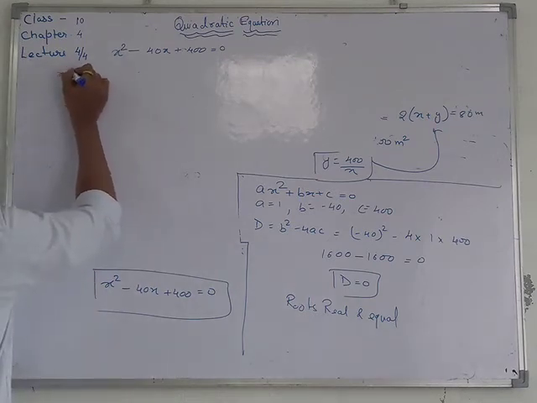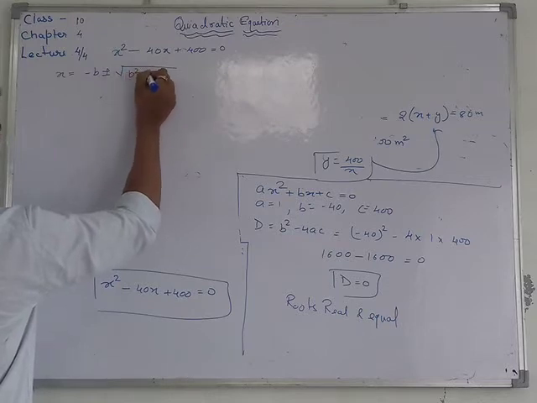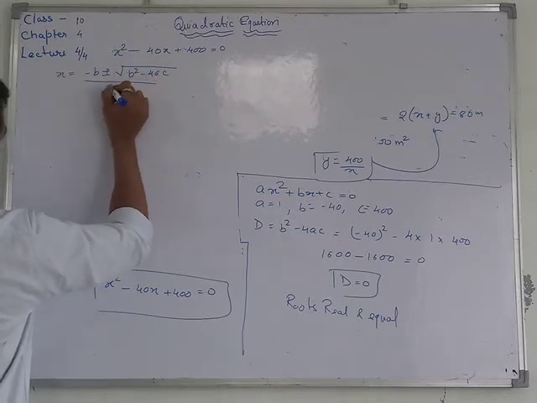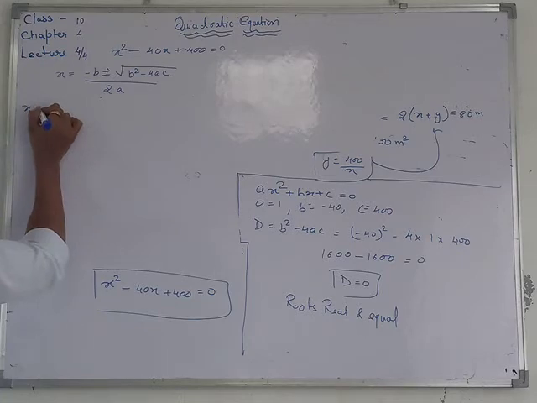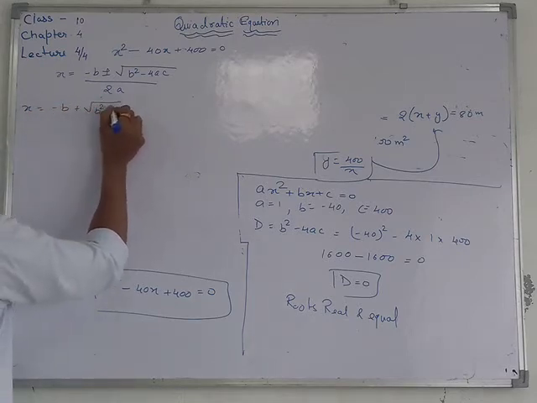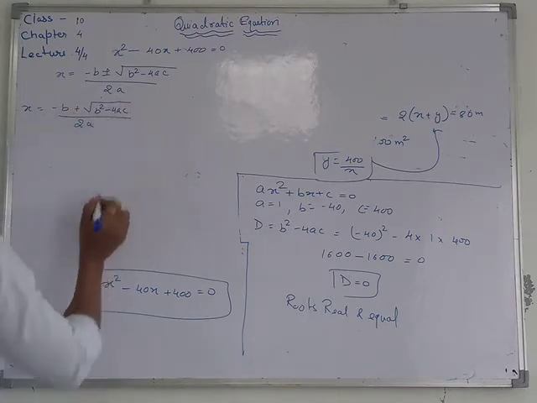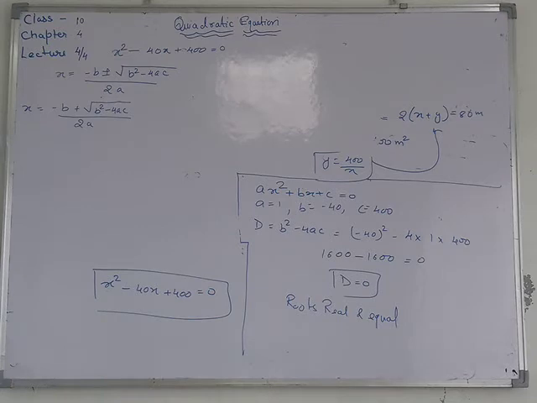X is equal to minus b plus minus under root of b square minus 4ac upon twice of a. Solving for the positive term, minus b plus under root of b square minus 4ac upon twice of a.